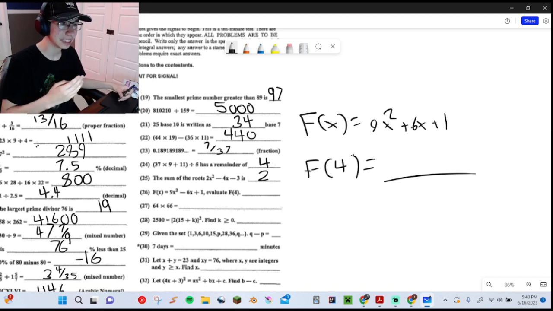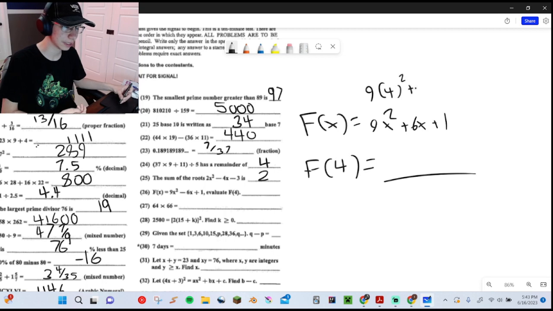When it's asking what f of 4 is, that means I'm substituting in 4 for x in this expression. So one way I could evaluate it is 4 squared times 9 plus 4 times 6 plus 1. But that's the slow way. And we don't want to do the slow way in number sense. We're all about speed here.